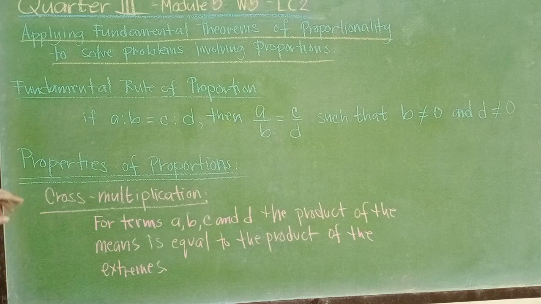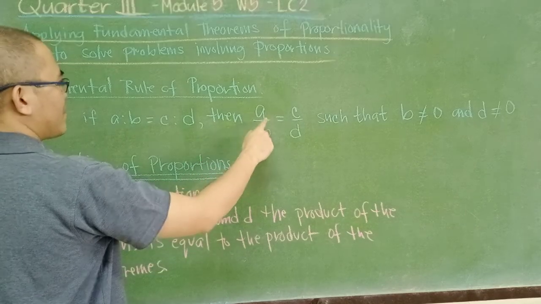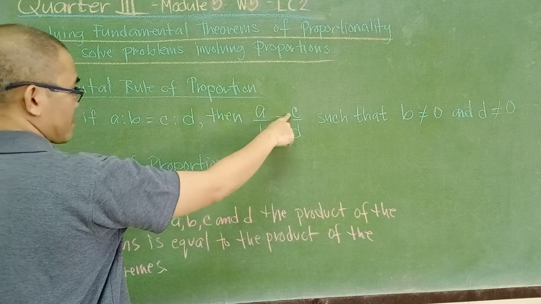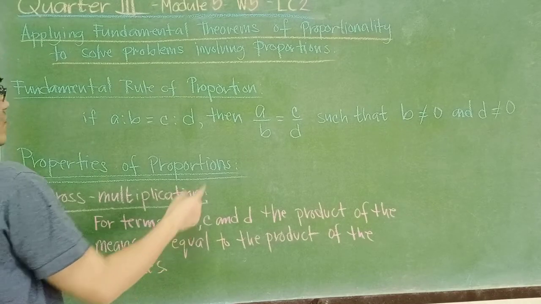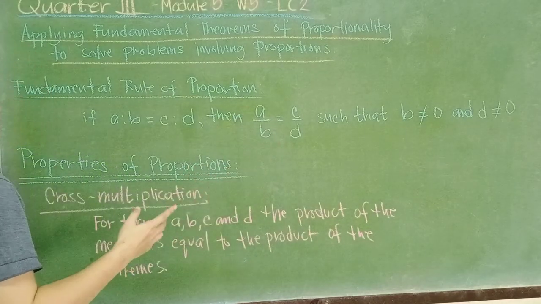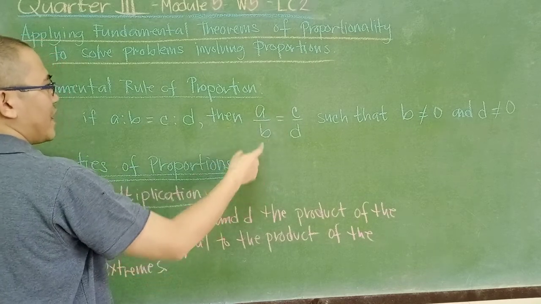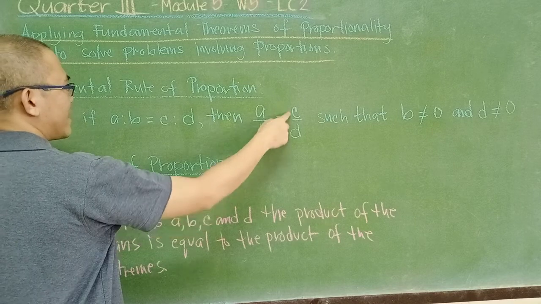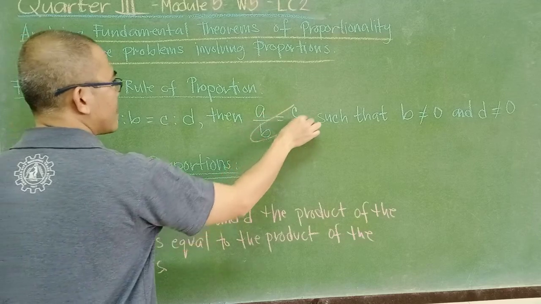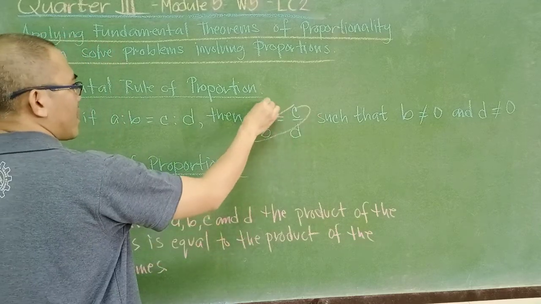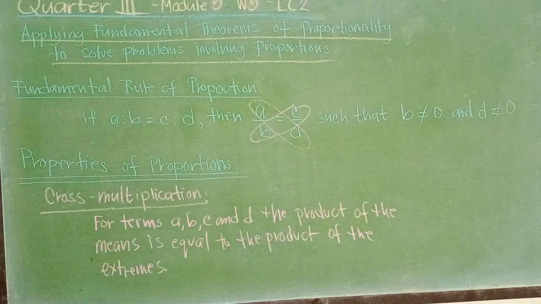So when we say product of the means, yung means natin, yung second at saka yung third term, B and C, and then yung extremes natin, yung A and D. If we multiply yung value ng B and C, tapos yung value ng A and D, yung product nila should be equal. So yung property number 1.